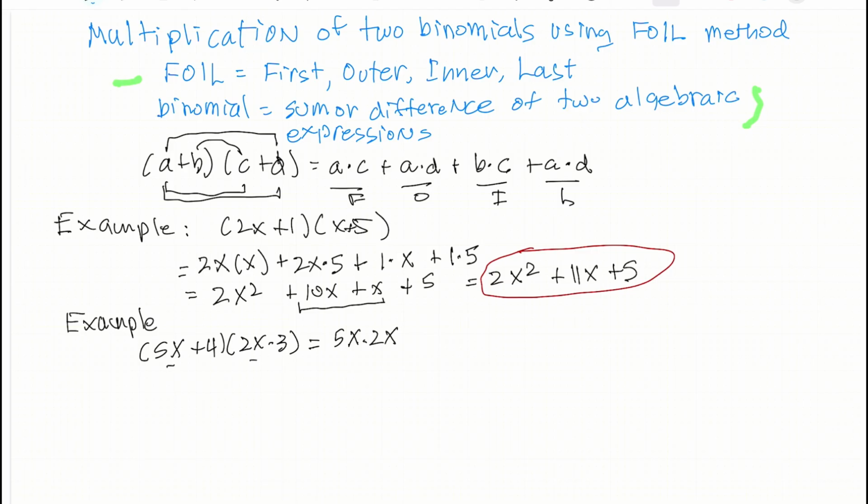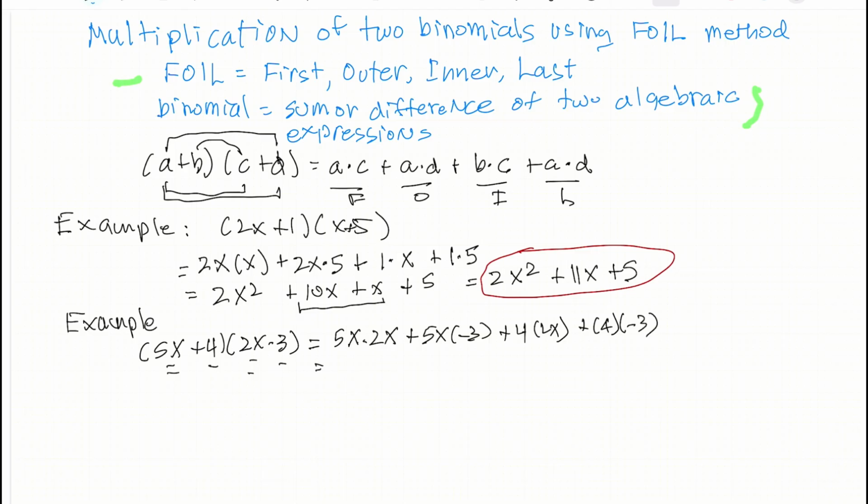The outer is going to be plus 5x times minus 3. And then the inner, plus 4 times 2x, and then the last is 4 times minus 3.